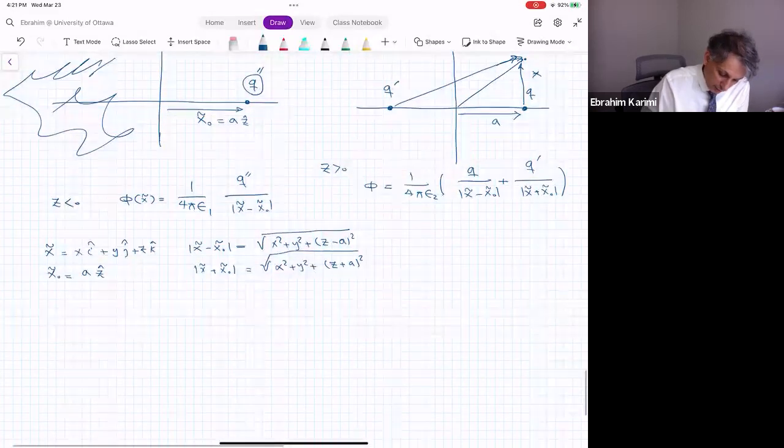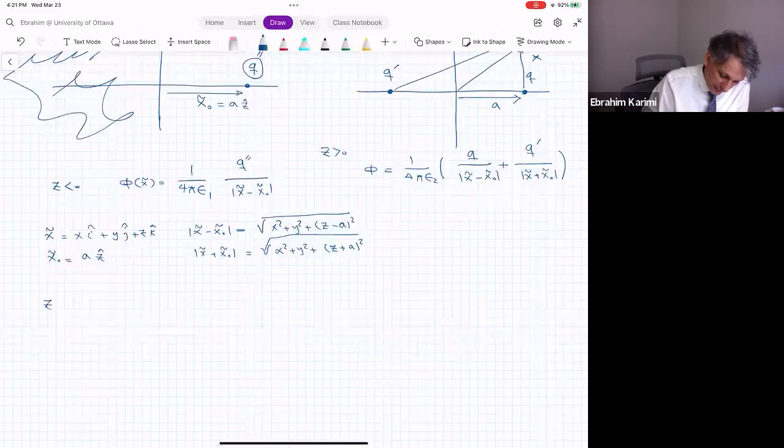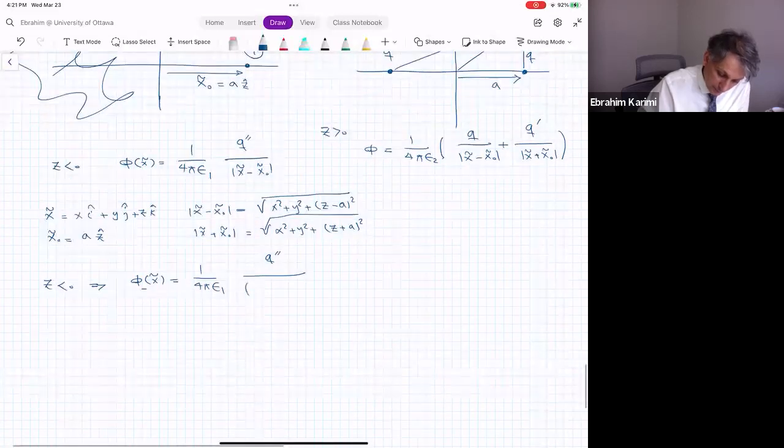Okay, so for z smaller than 0, I call it phi negative of x, which is equal to 1 divided by 4 pi epsilon 1, Q second divided by x squared plus y squared plus z minus a to the power of 2, to the power of 1/2.